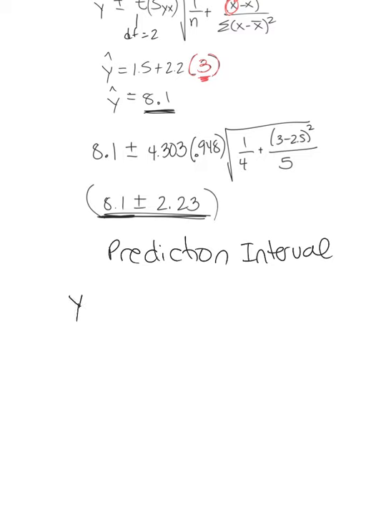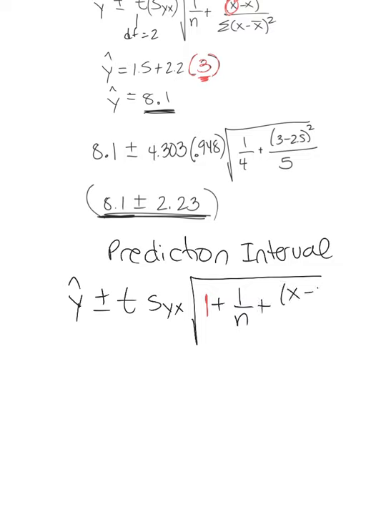So the equation changes slightly: y hat plus or minus t, the same, times s_yx, our standard error, the same. The change is that we have a 1 added in the square root, but the rest is effectively the same.